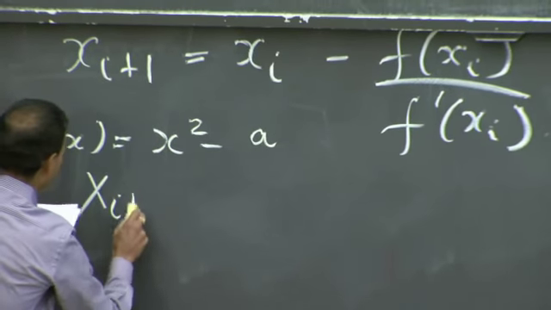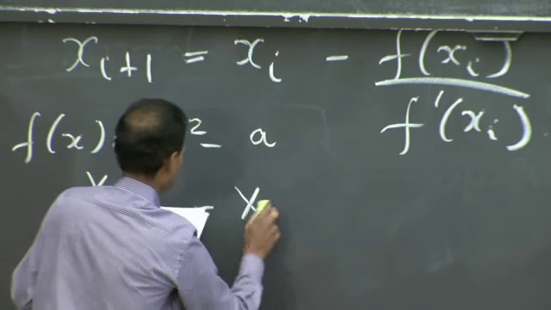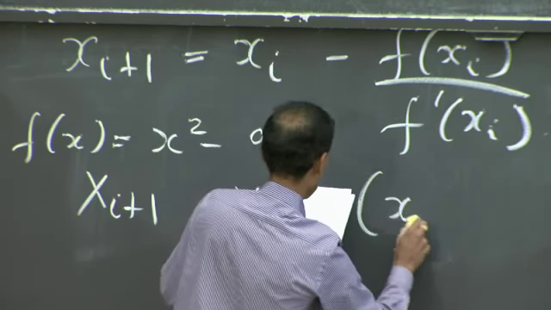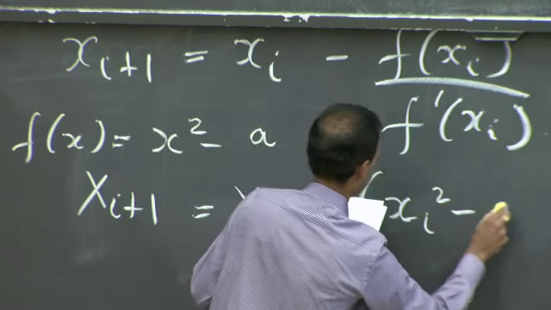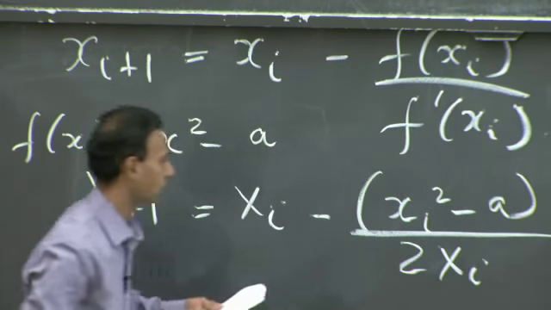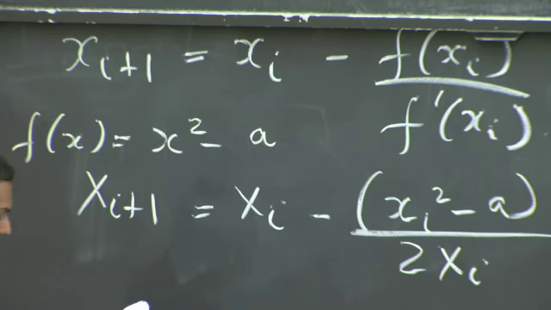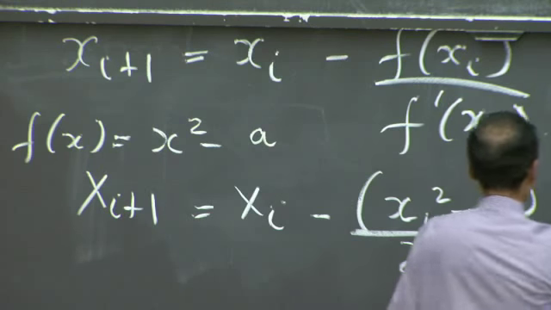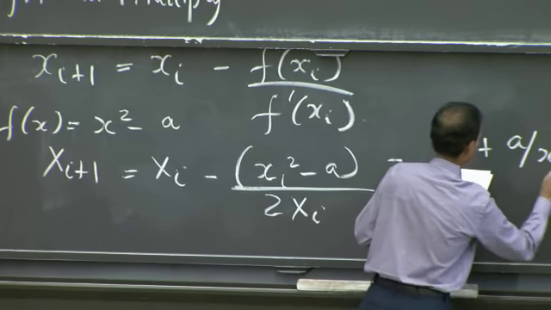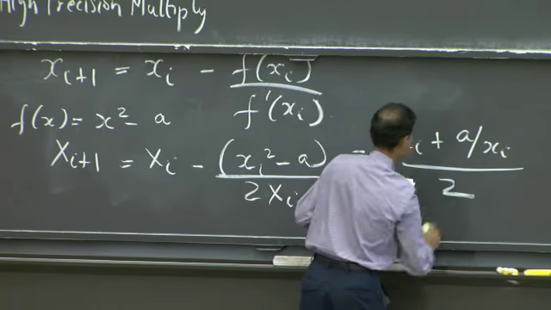then you have xi plus 1 equals xi minus xi squared minus a divided by 2xi, which is the derivative of x squared minus a, evaluated at xi. And finally, you get this equation: xi plus a divided by xi, divided by 2.